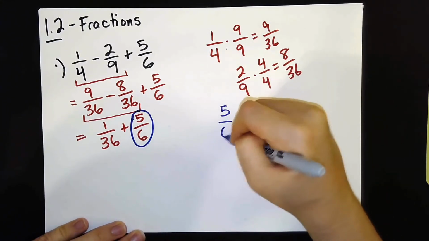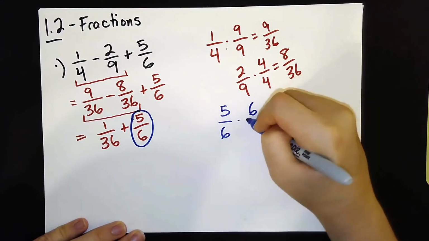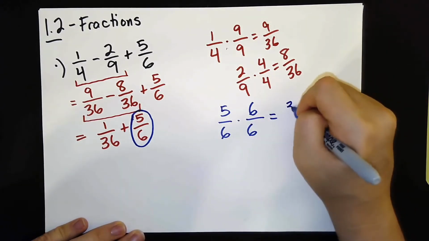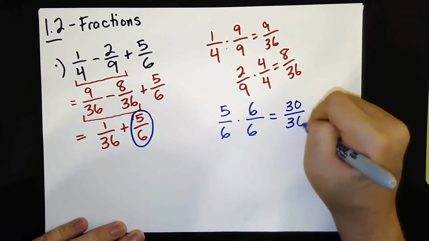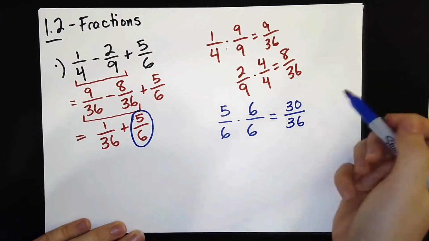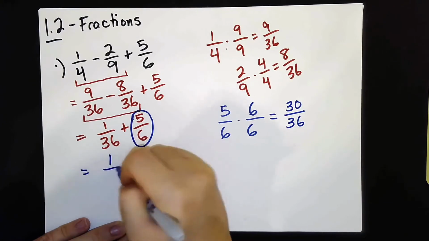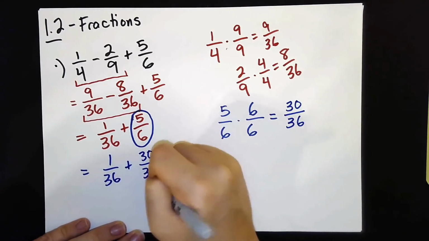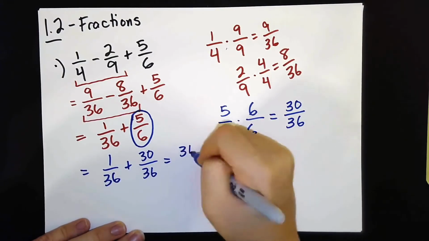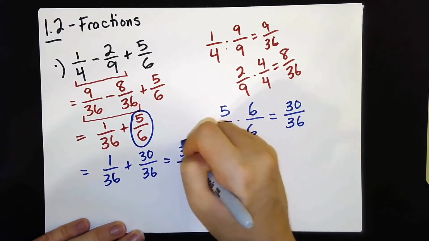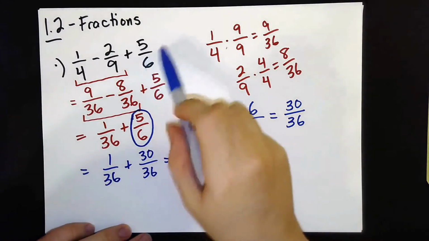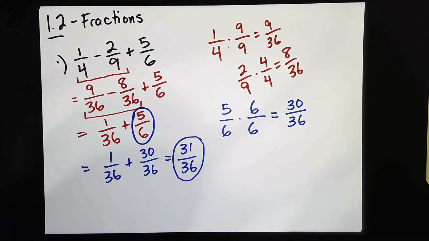Namely, I can say I need to multiply this by 6/6. When I do that, I will get 30/36. So that means this is the same thing as 1/36 plus 30/36, and that will be 31/36. And so that will be our final answer of writing this original combination of fractions as a single fraction.